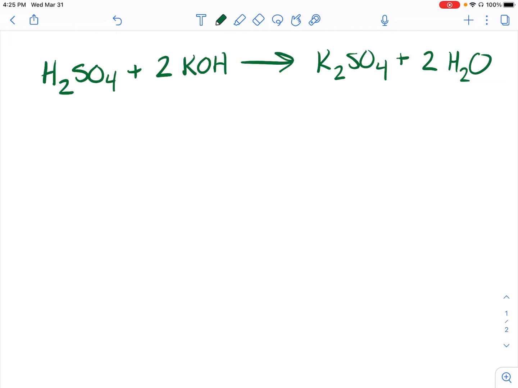In our classification of reactions, this would be a reaction involving an acid and a base producing a salt and then water. It's a neutralization reaction. It's a form of double replacement reaction.